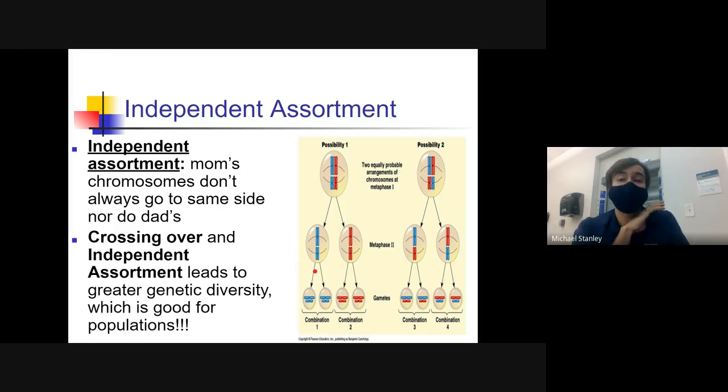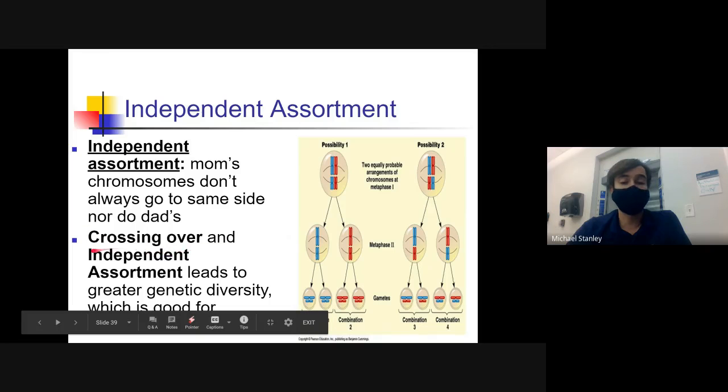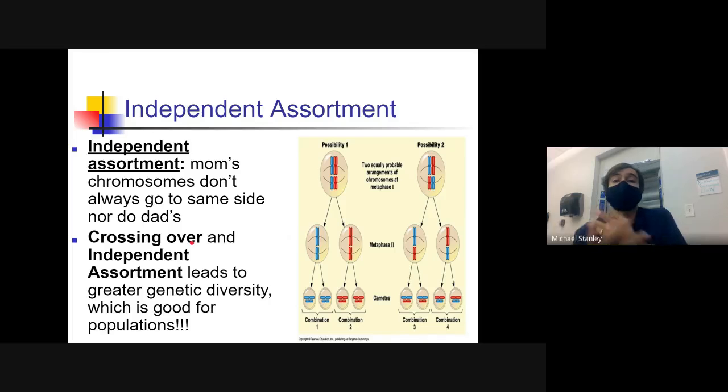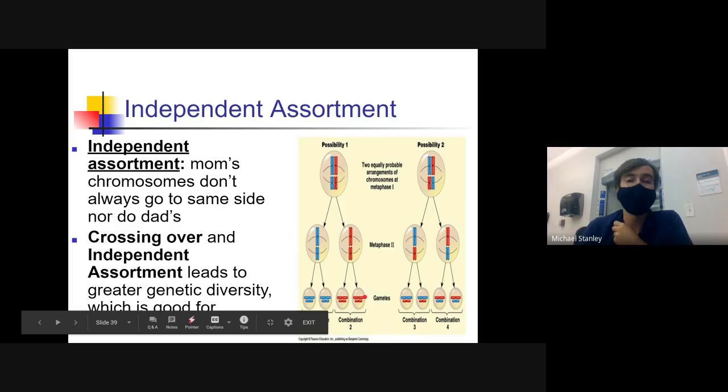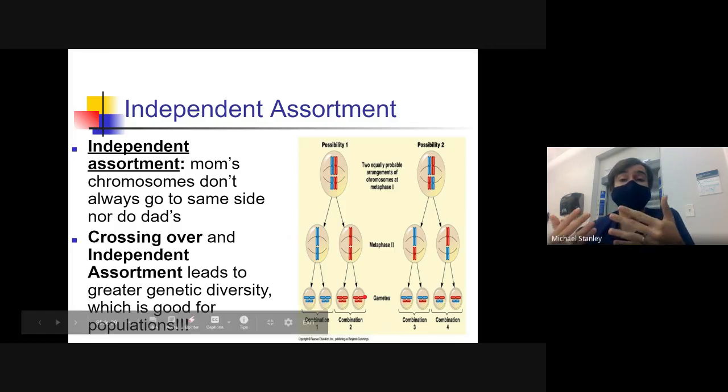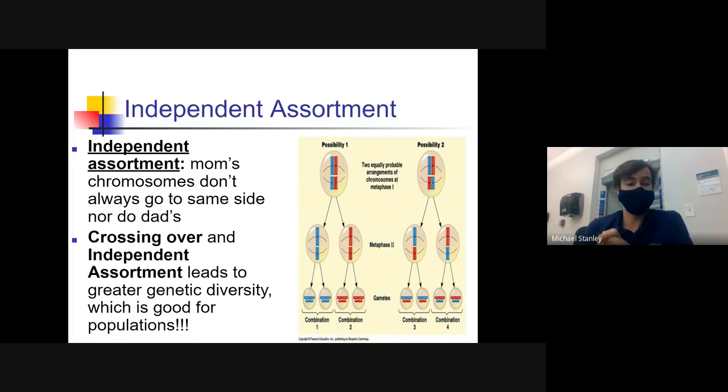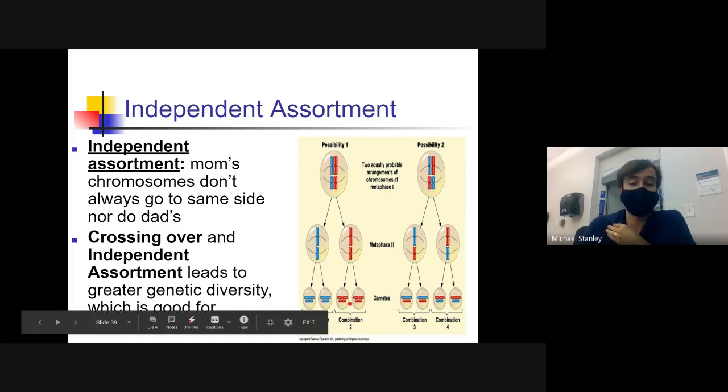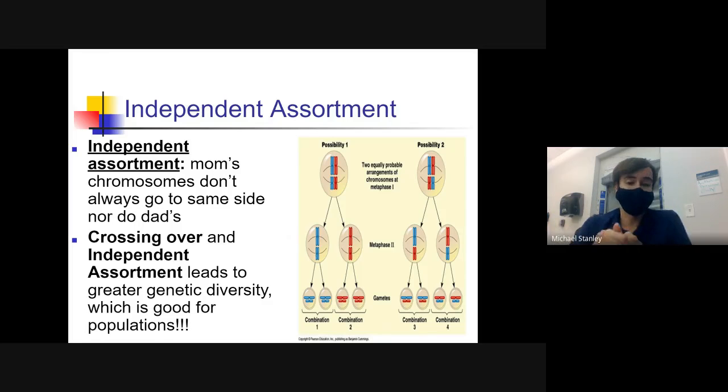Not only that, but also with the crossing over, that means that in addition to your dad's and mom's chromosomes being separated up at the cell level, they also get mixed up together at the DNA level as well, right? Some of these chromosomes may have mostly your dad's, but a little bit of your mom's DNA on it, and vice versa.